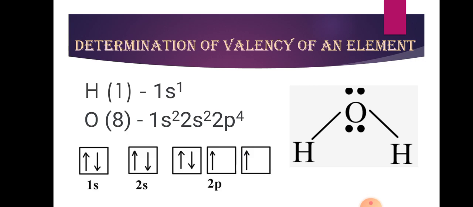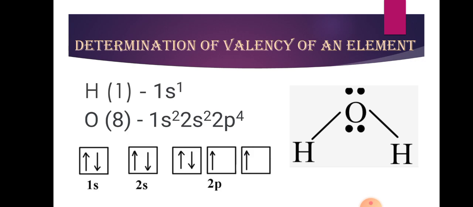On the other hand, the number of total electrons present in the outermost principal energy level of an element is called the valence electrons of that element. For example, the electronic configuration of hydrogen is 1s1.